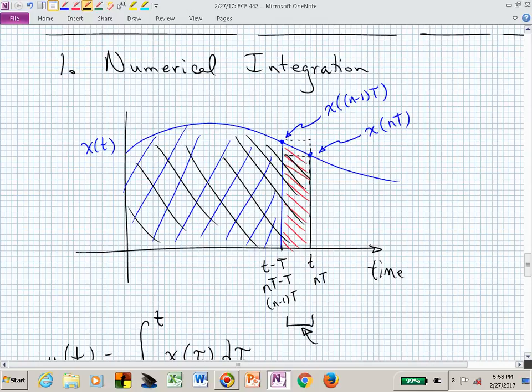And we're left with the width just being the sample period. And what's the height of that rectangle? Well, we're looking forward from x of (n minus 1)T. That's the height of that rectangle. It's x at time (n minus 1)T times the width, capital T. That's all we're doing to make this approximation of that integral.